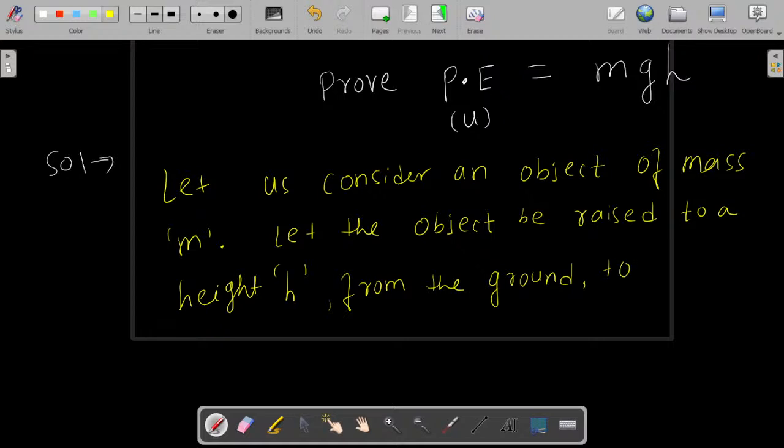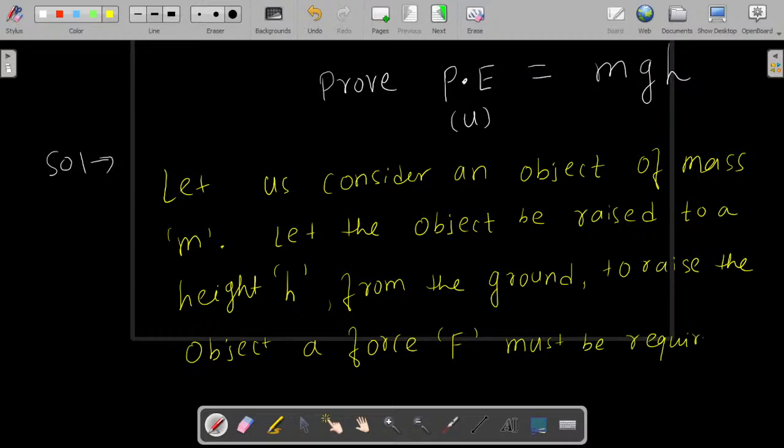To raise the object, a force F must be required. Otherwise, how is work going to happen? How will the ball move to height h? So you are doing some work.